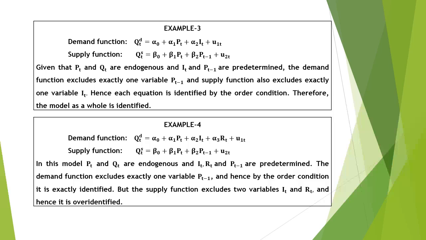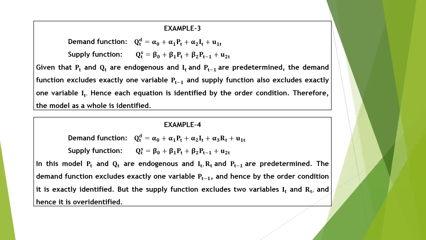Now look at the fourth example. Here, the supply function remained the same as given in example 3. But the demand function includes an additional variable Rt representing the wealth of the individual. Now, in this model, Pt and Qt are endogenous.